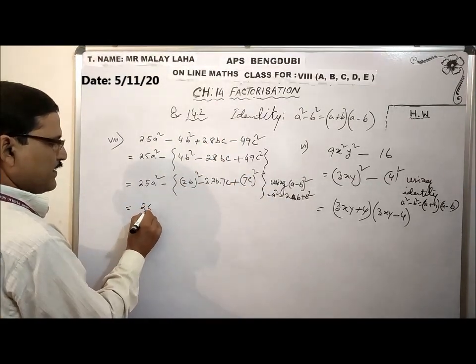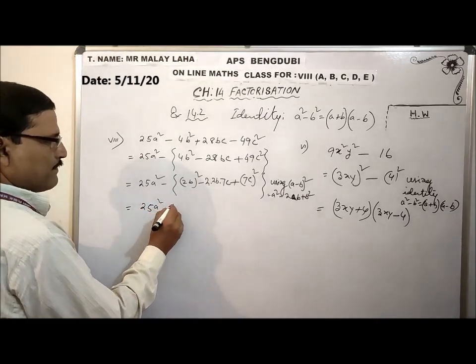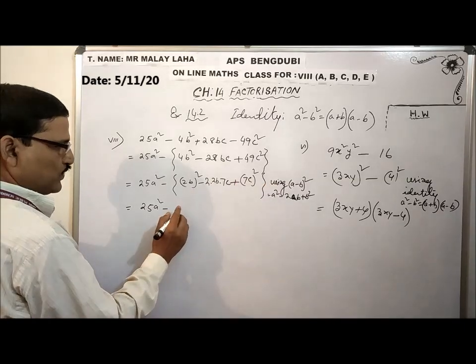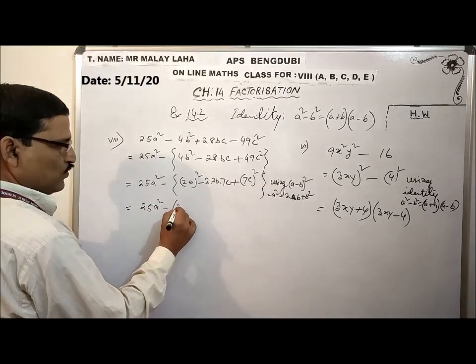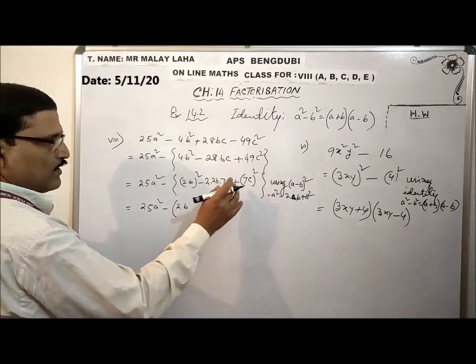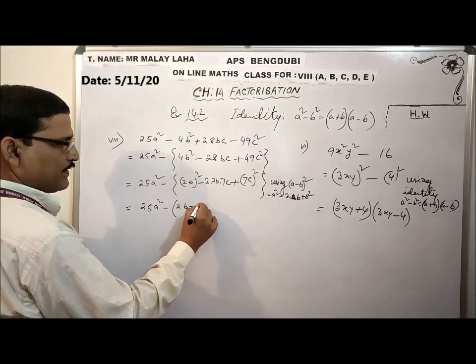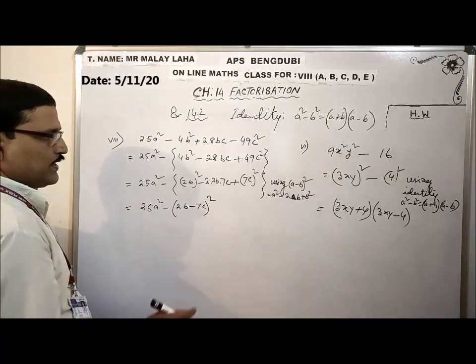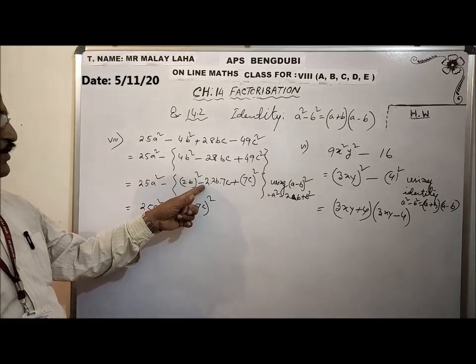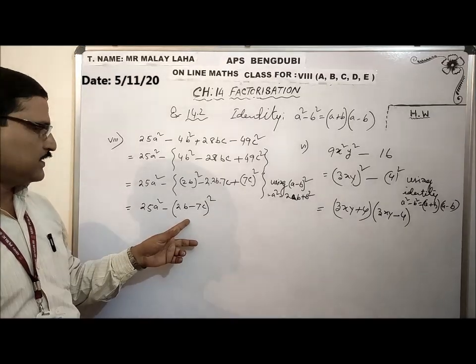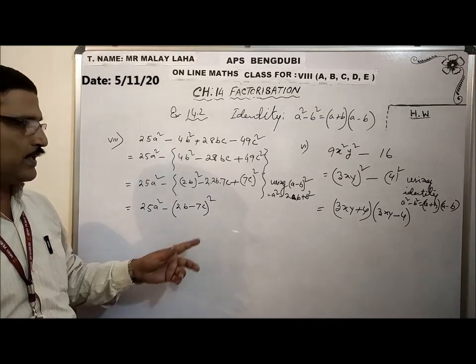So 25a square minus, this is the expansion of a minus b whole square. Which one is the a? 2b. And which one is the b? 7c. So this expression is converted into a binomial factor, that is 2b minus 7c whole square.